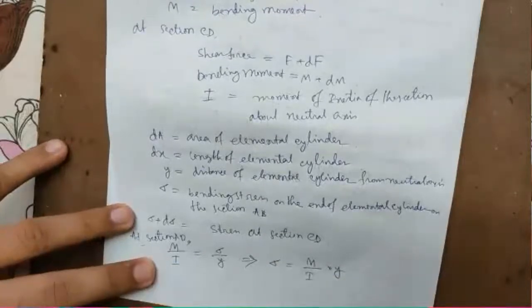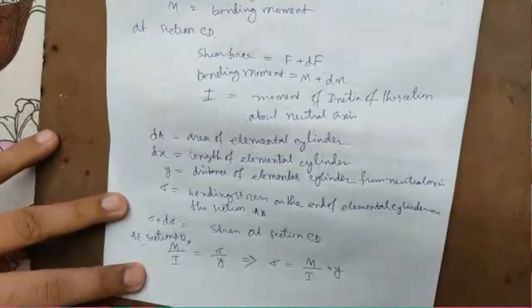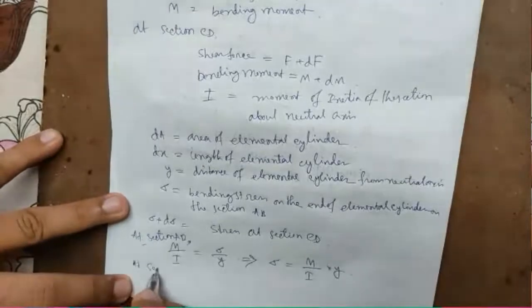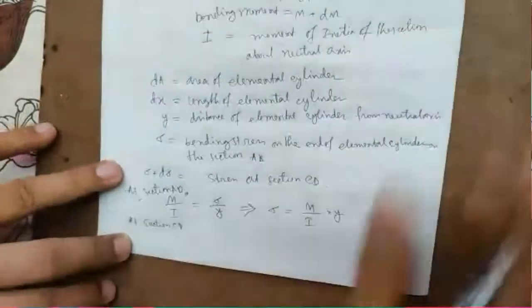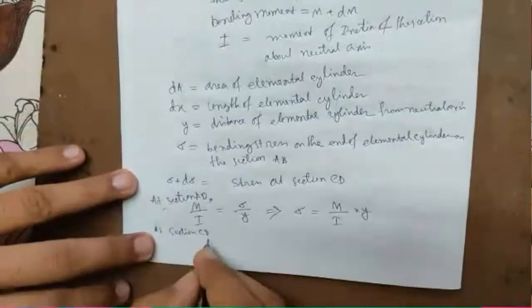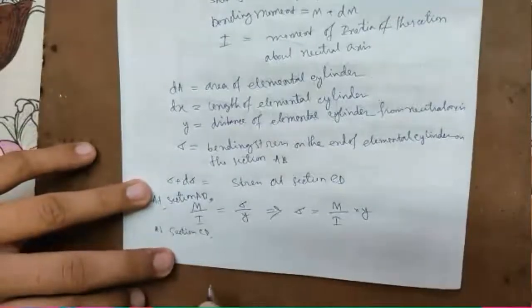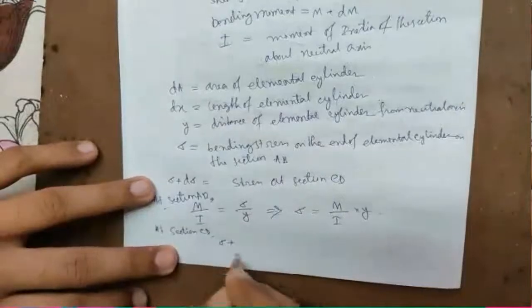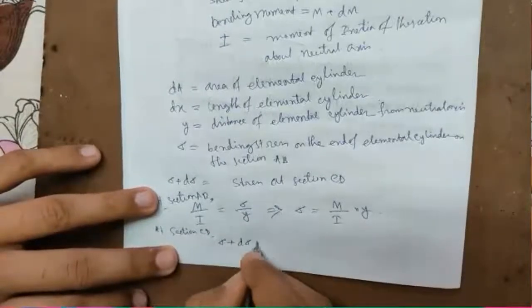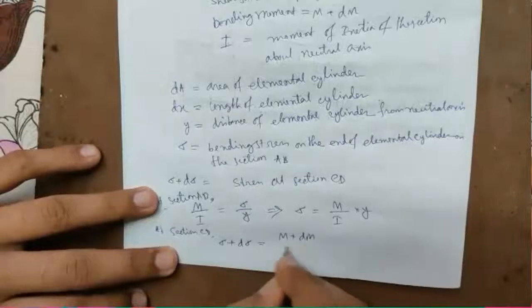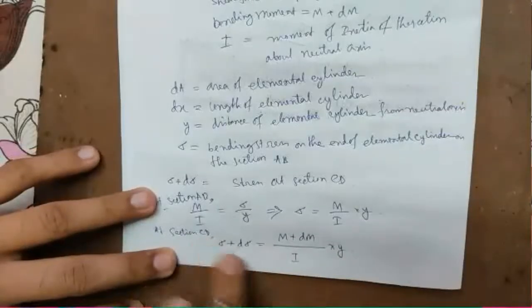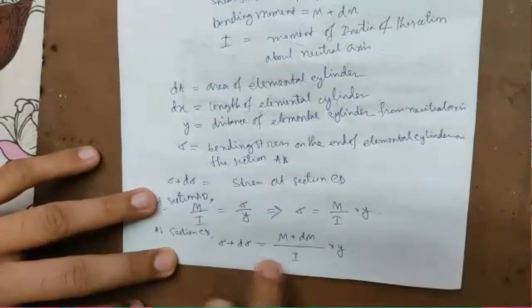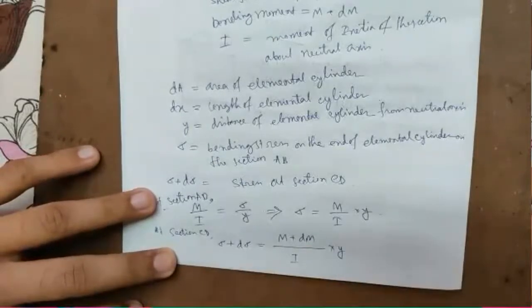Similarly, at section CD, on the same formula, the stress, which we have said is sigma plus d sigma, can be written as M plus dM by I into y, because at section CD the stress we have written is this, and the bending moment is this.